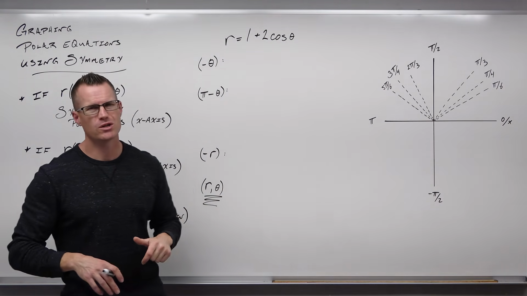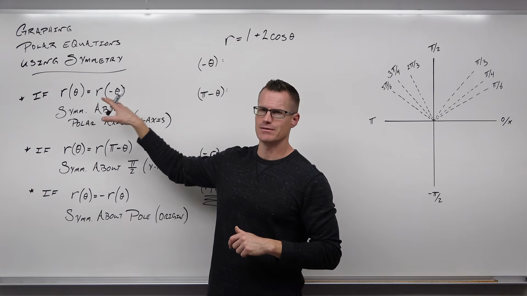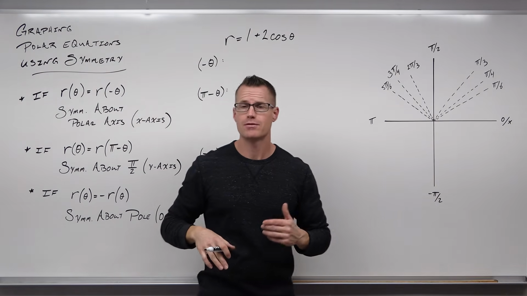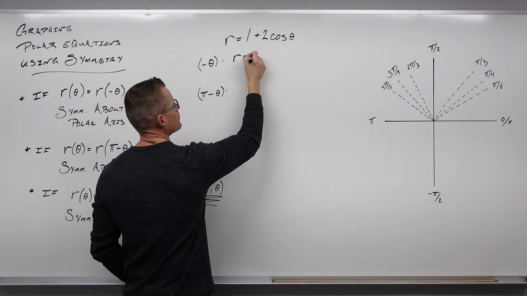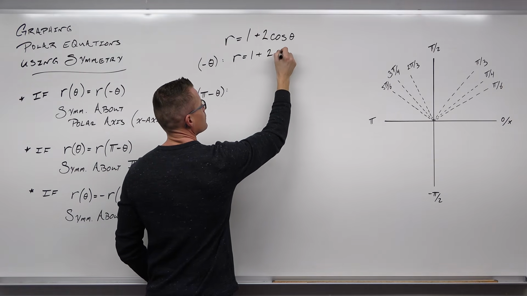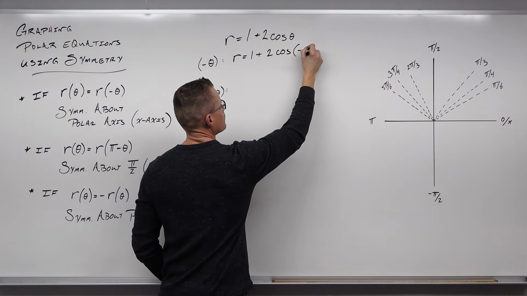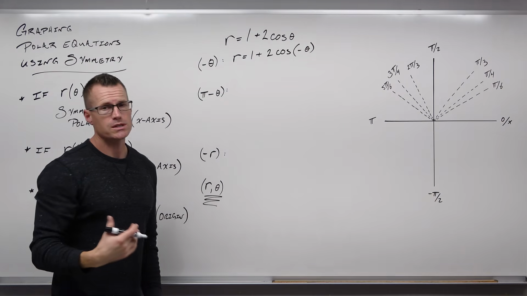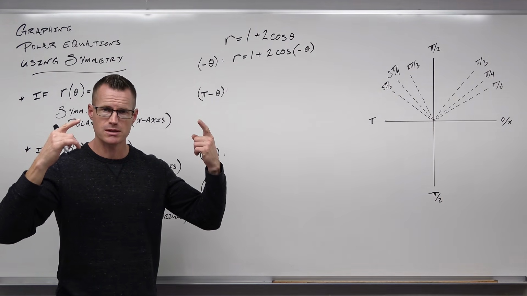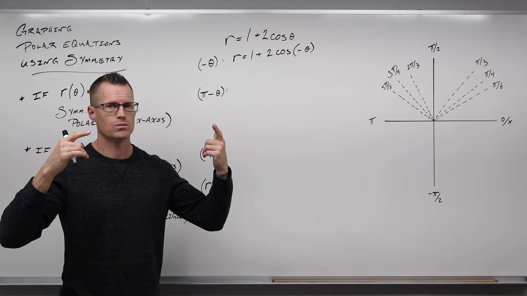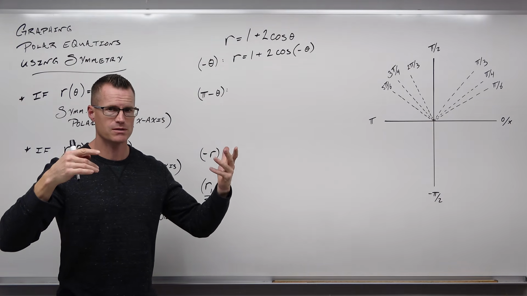The first one we always check is almost an evenness idea. Plug in negative theta and see what happens. Now, cosine's an even function, so cosine of negative theta gives you cosine of positive theta. So cosine negative theta, cosine positive theta are the same thing.